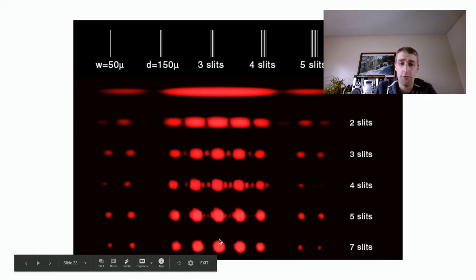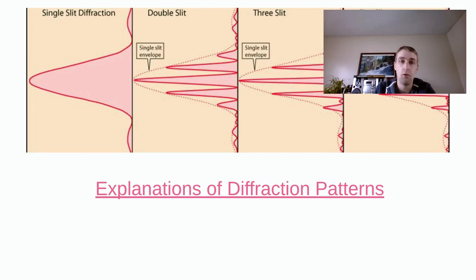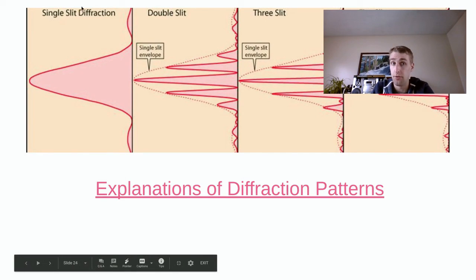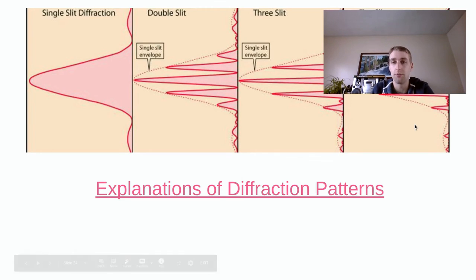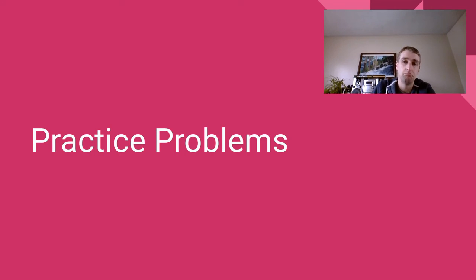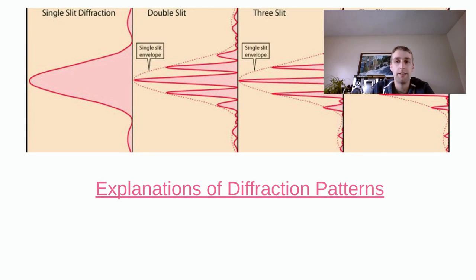If you go all the way to a diffraction grating, you get some really clear points when you shine a laser through it. And we'll do a lab where you'll get to experience that as well. So that is about it for double slit and single slit diffraction. The big thing from here on out is practice problems that we will get to next week.